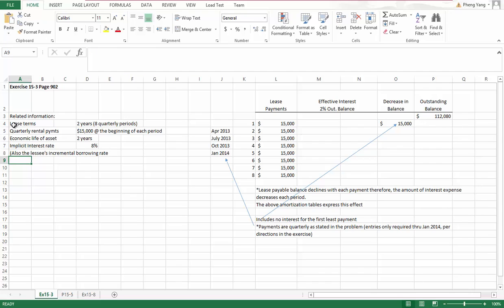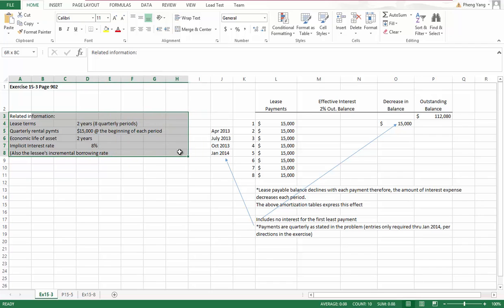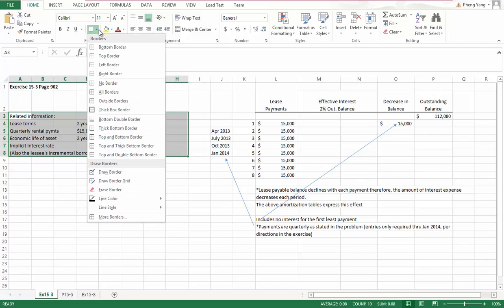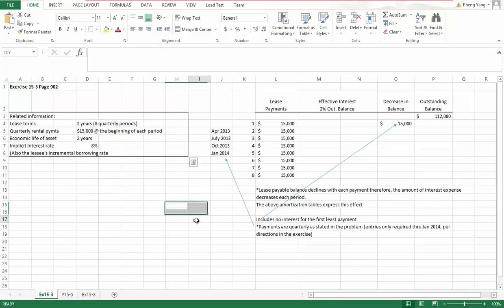So this is our information here. I'm going to put a box around it so we know that it's separate from everything over here.